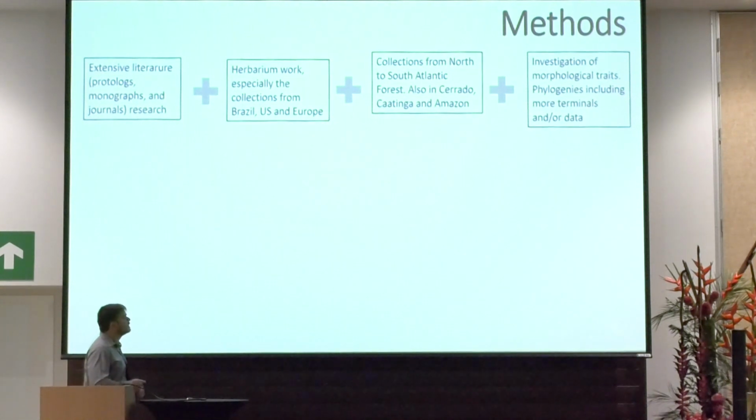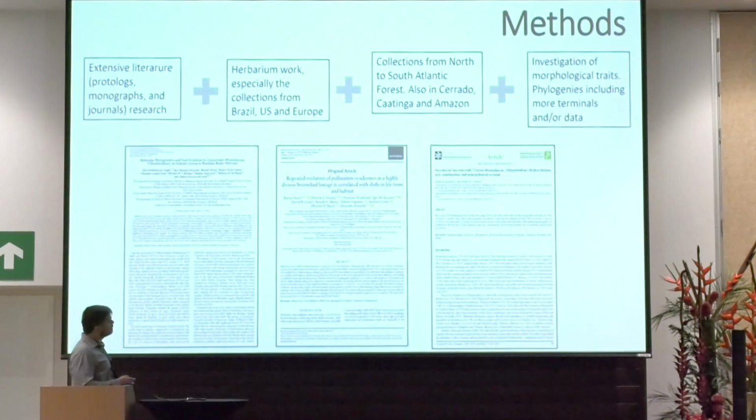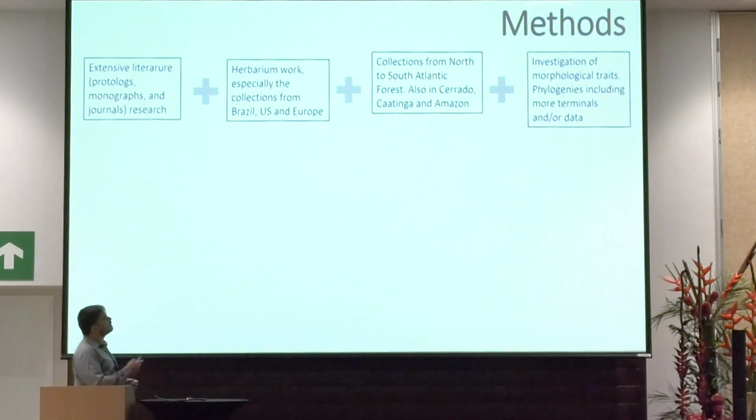Also, we performed collections along the whole coast of the Atlantic Forest. That's the main diversity center of Vriesea. And we also performed some collections in Cerrado, Caatinga, and in the Amazon.